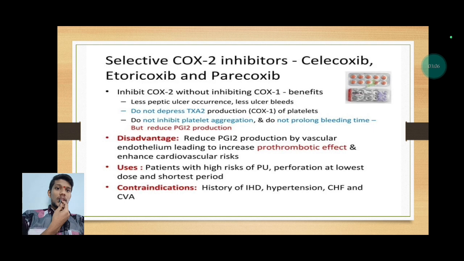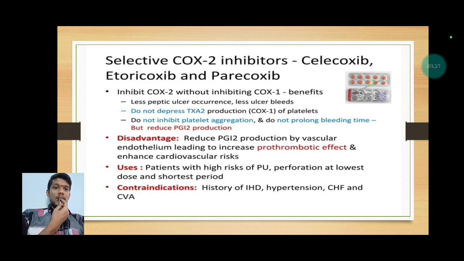So what are the disadvantages of this drug? This reduces prostaglandin I2 production by vascular endothelium, leading to an increased prothrombotic effect and enhanced cardiovascular risk.